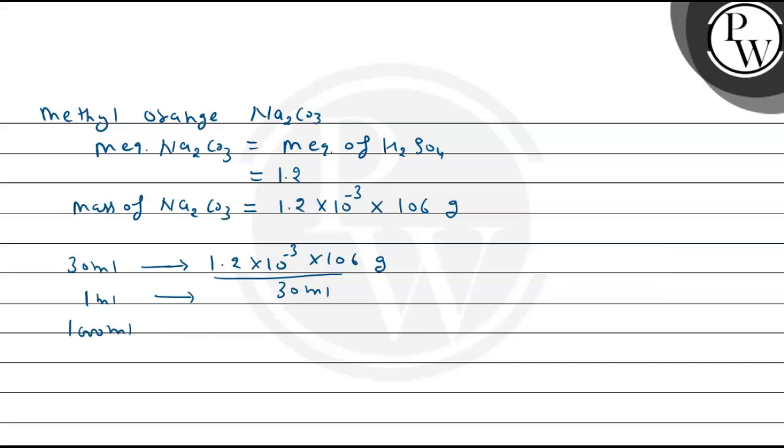So for finding the amount in 1000 ml, we have to multiply it by 1000. From here we can say that ml will cancel out with ml and we can do the mathematics. After doing the mathematics, we will get 4.24 gram per liter. So this is the final answer of this question. I hope you understood it.